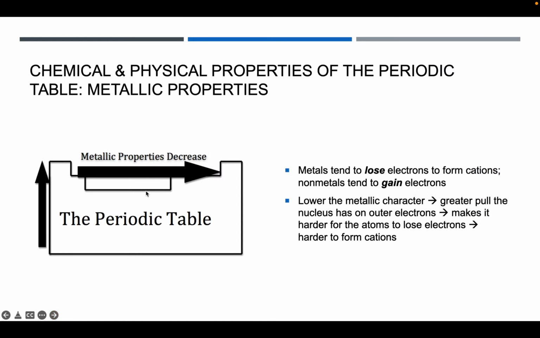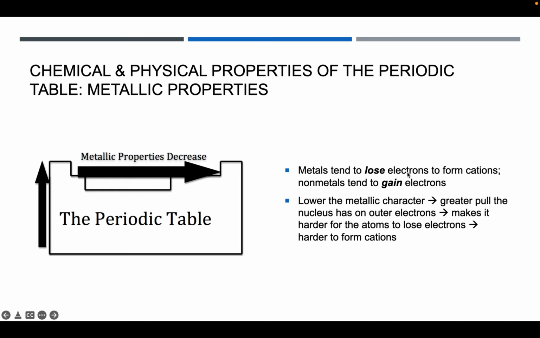You don't go too much into metallic properties in General Chemistry 1, however, it depends on the professor you are taking. But just to go over a key concept, metals tend to lose electrons to form cations, whereas nonmetals tend to gain electrons. And that's because, like I said previously, electrons are negatively charged.